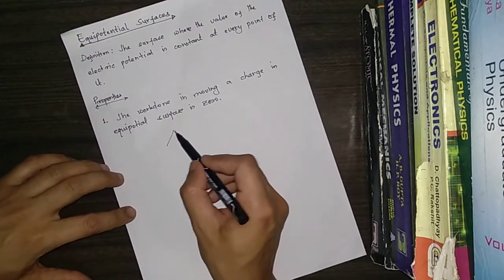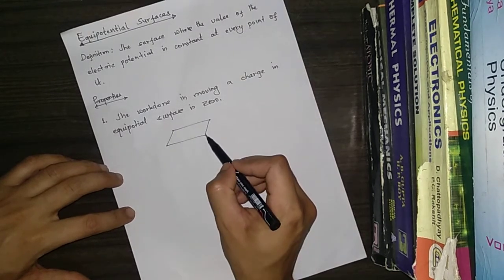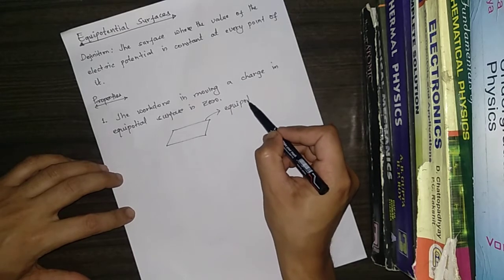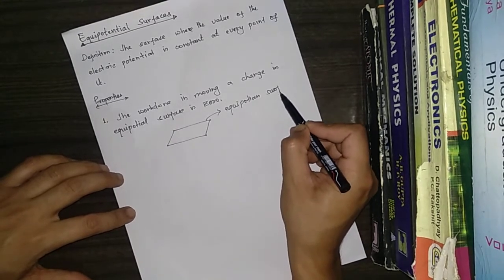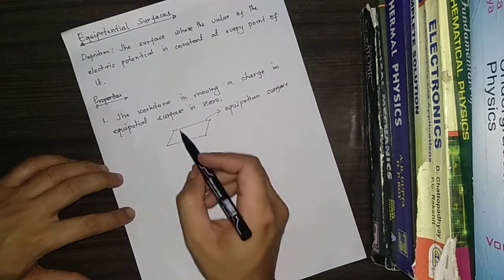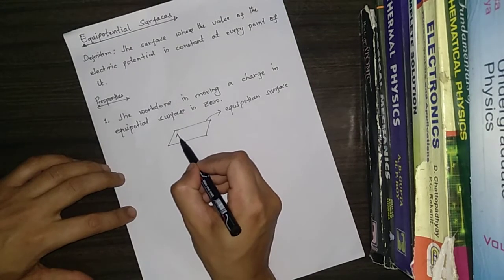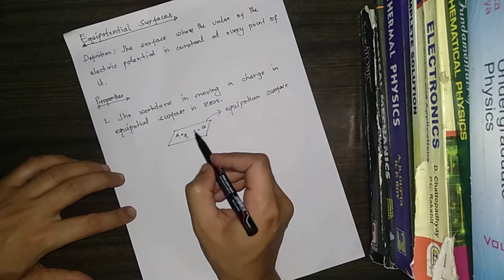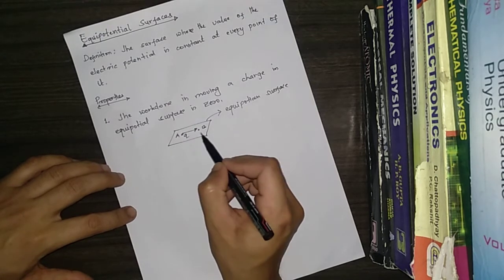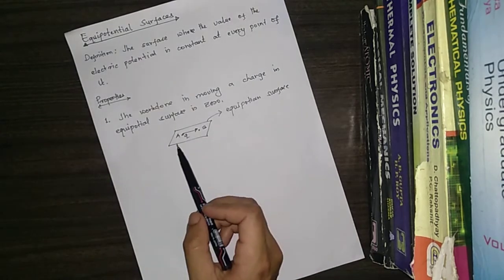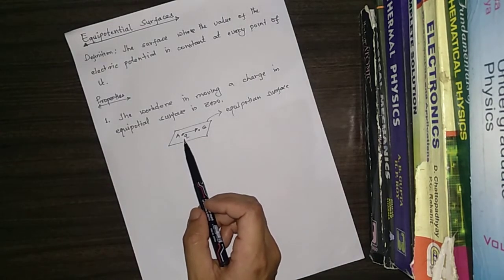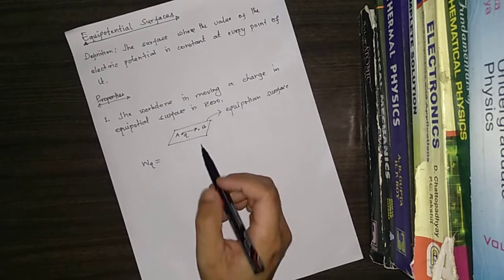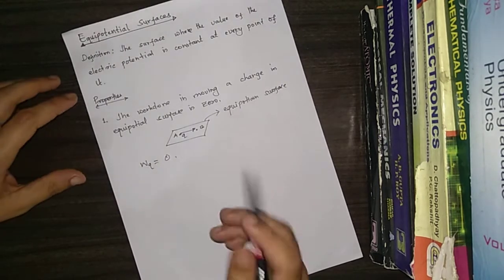Okay, suppose this is your equipotential surface. If you do work in moving a charge Q from point A to B, then the work done in moving such charges will be 0 in an equipotential surface.